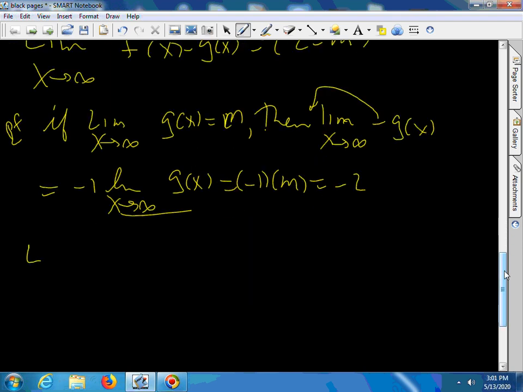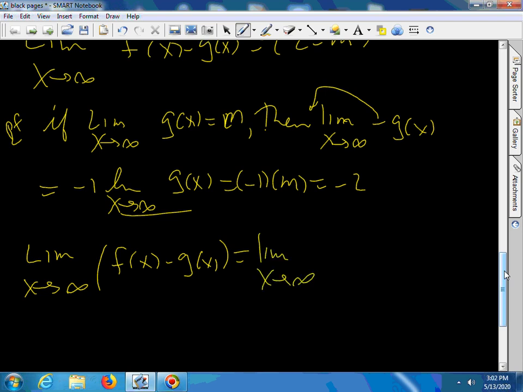Now, the limit as x goes to infinity of f of x minus g of x, well, we know a rule for plus but not minus. Well, there's a rule in arithmetic that says that you can change that sign from subtraction to addition as long as you change the sign of the second value, which is understood to be positive.